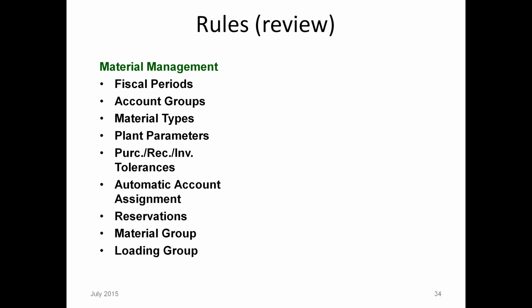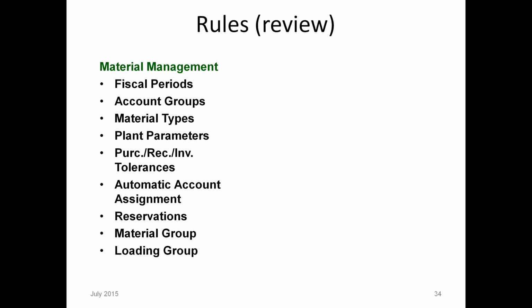Automatic account assignment, we'll talk about that a lot when we do the goods receipt. That means how the system determines which GL account it has to go to and what valuation class it has to go to. Reservation is basically created whenever a sales order or a production order is created, and that is what MRP reads when it runs.